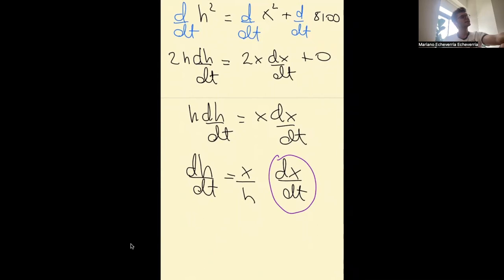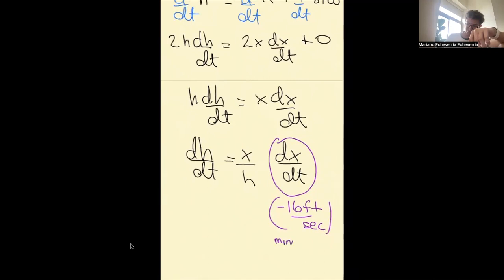A function that's decreasing must have negative derivatives. So it's minus 16 feet per second. Is that making sense? And this is why this has a minus. You have to be careful about that, since distance is decreasing.